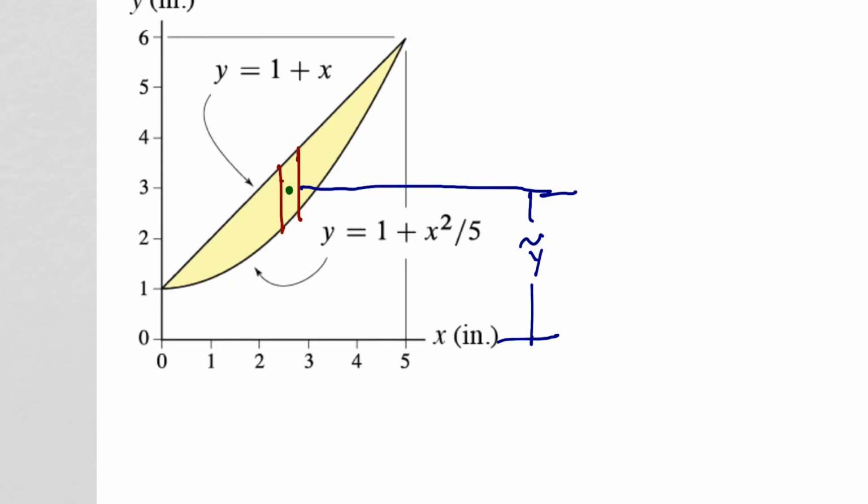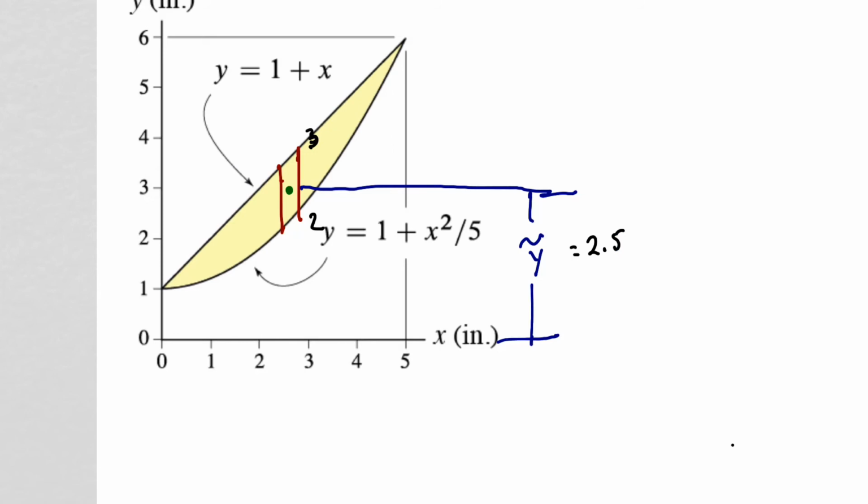So let's think about that. If I knew this was 3 again, and this was 2, we know again that the height is 1, and this distance, in our case, would be 2.5, if we had actual values.